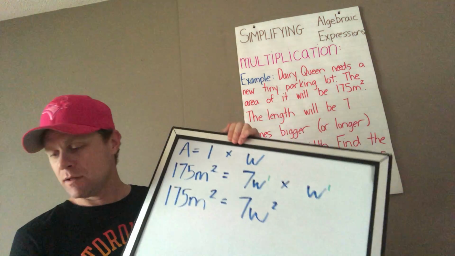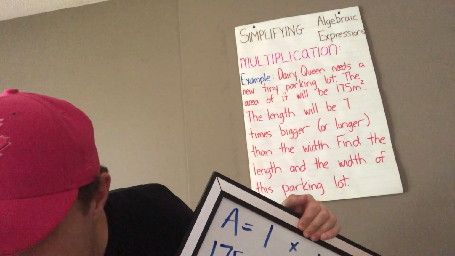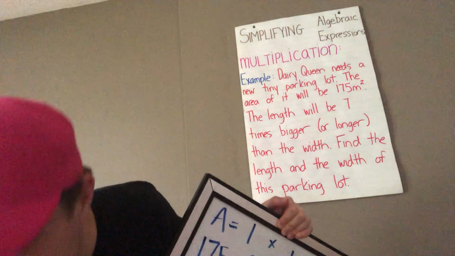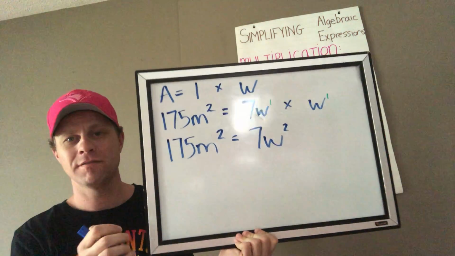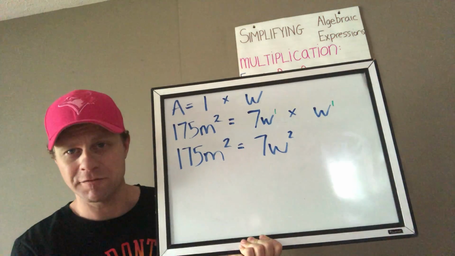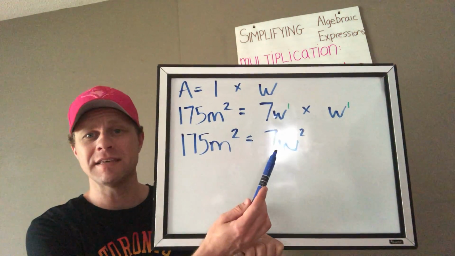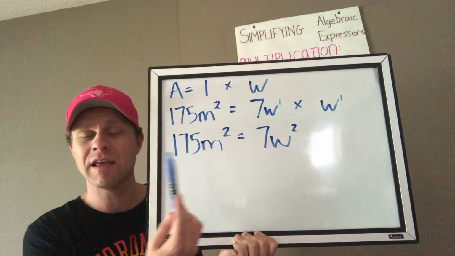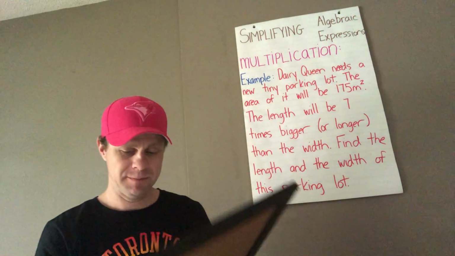Okay? Our next step is that we want to get the W on its own. So we want to have the W squared by itself. So in order to do that, we're going to take this 7 and bring it over to this side. And if we do that, we have to divide. So let me show you what I mean.